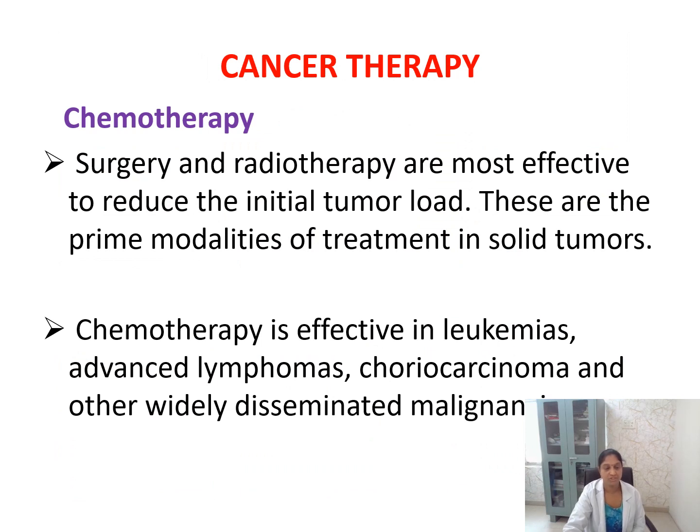The chemotherapy. Chemotherapy is a treatment for cancer patients. Surgery and radiotherapy are the most effective methods to reduce the initial tumor load. These are the prime modalities of treatment in solid tumors. Chemotherapy is effective in leukemias, advanced lymphomas, choriocarcinoma, and widely disseminated malignancies.